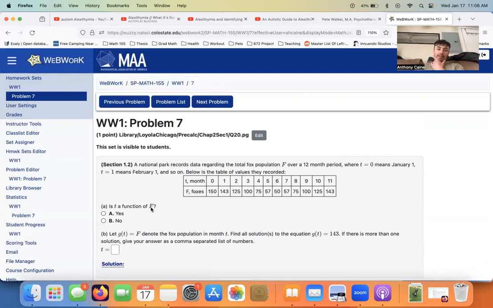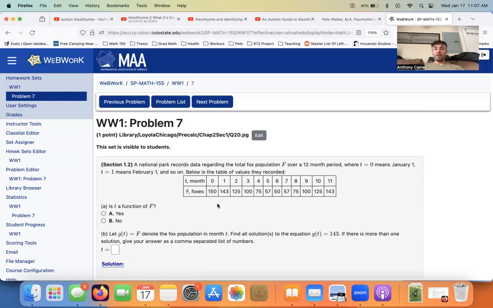Okay, what they're asking is, if I told you a number in the F row, is T a function of F? That means F is your input. So I'm going to pretend I know a number in this bottom row here. And to be a function means if I give you one number in the bottom row, you can unambiguously give me the corresponding number in the top row.